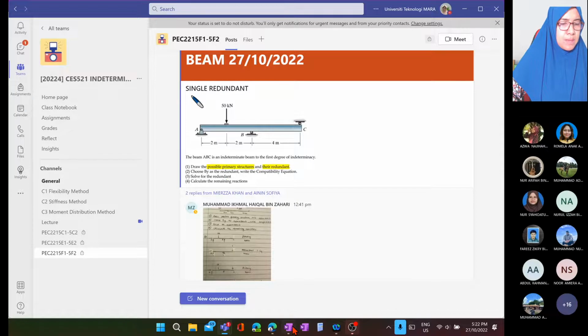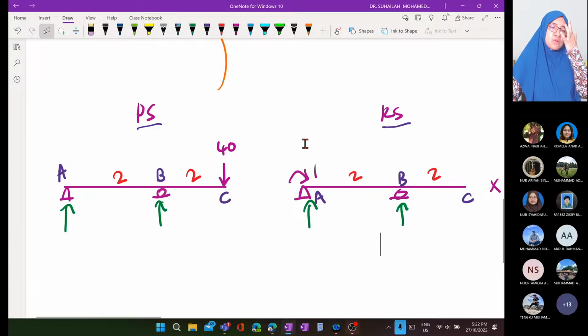Or if you want to be quick, just calculate and give me the answer. Give me the value for AY and BY for the primary beam reaction due to the 40 kilonewton subjected at C. So what is AY? What is BY? Is there anybody who calculated AY and BY?